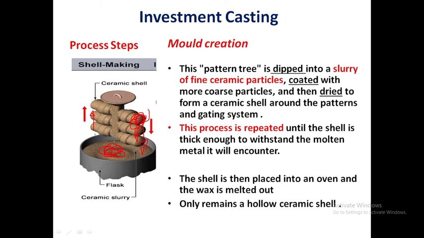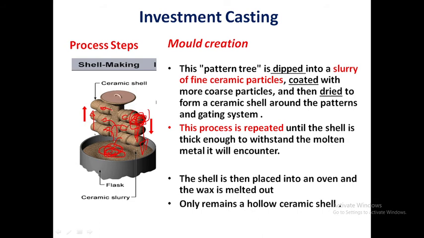Then, after the ceramic coating, they keep this tree into the oven. By keeping the tree in the oven, whatever wax is present inside the ceramic gets melted and comes out of the ceramic.